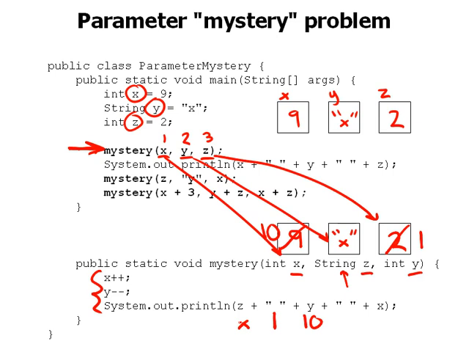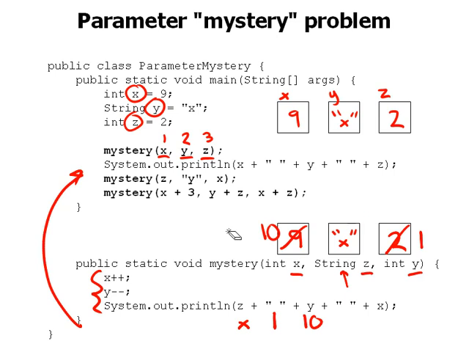And now, once that call is done, we go back to the main method here. One thing that's really important to remember is that these parameter values here, despite the fact that their names are the same, are really independent of what's going on in main. And so even though we changed x and y here in mystery, that doesn't mean anything will be changed here in main.